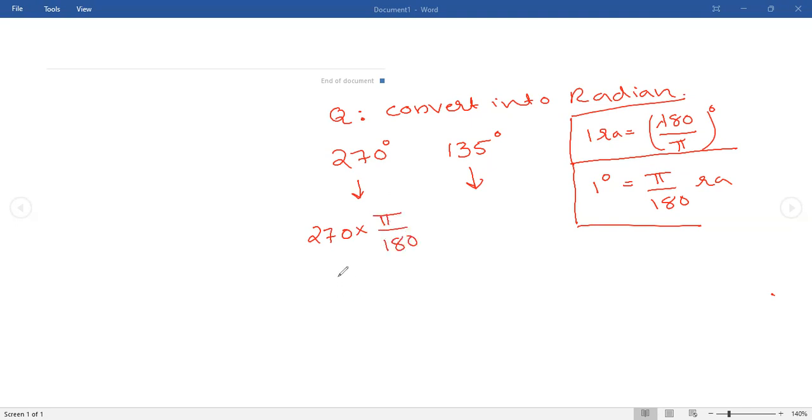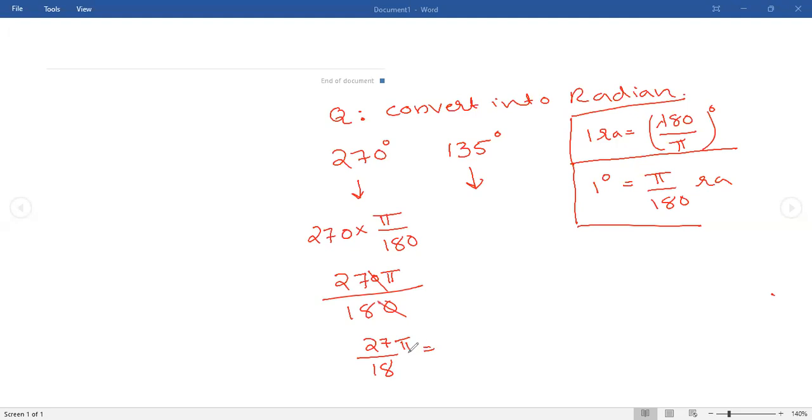So that will be 270 pi divided by 180. I can cut the 0 on both sides, and I will get 27 divided by 18 pi.